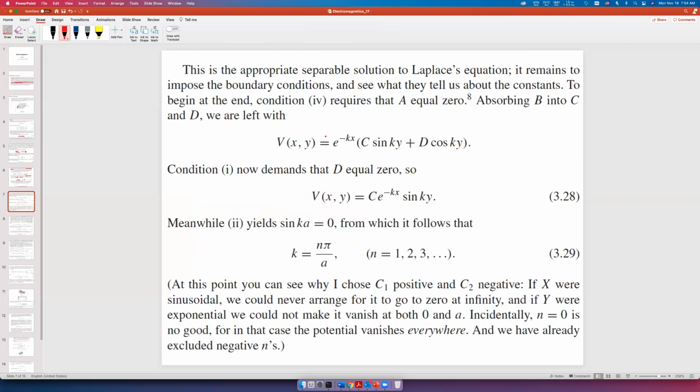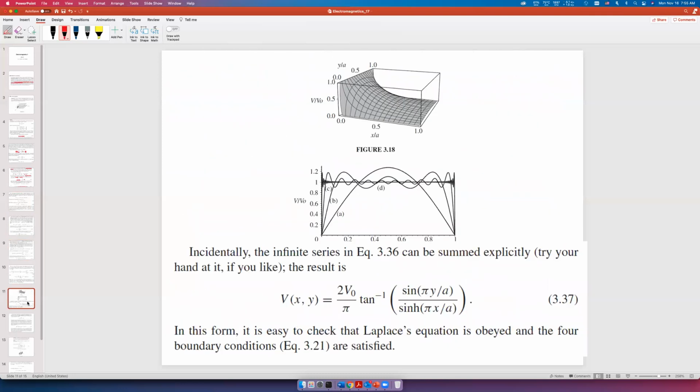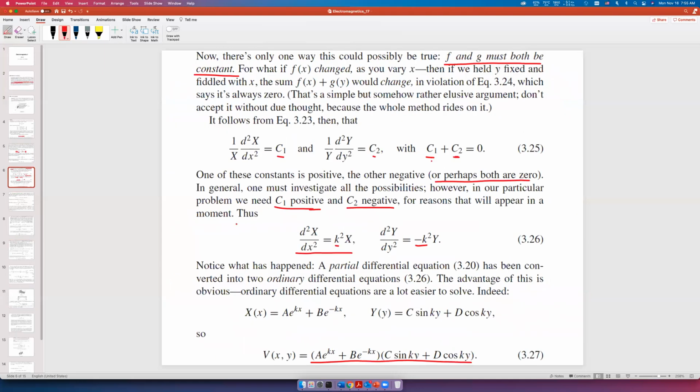In the textbook, it gives you a quite detailed explanation of how to determine the constants one by one. So let's stop here.